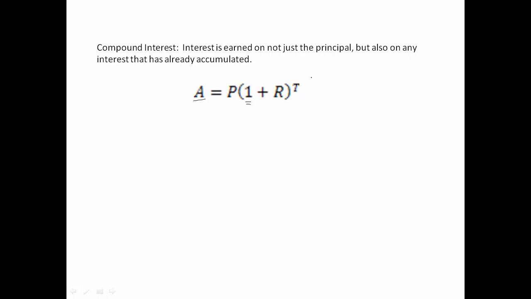And the last and most interesting difference here is that t is no longer being multiplied by the other numbers. It's an exponent. Now this whole compound interest formula is the first formula that we've seen that has exponents, and we'll be dealing with exponents a lot throughout the rest of the class. For right now, it's important to realize that your calculator probably has an exponent button on it.